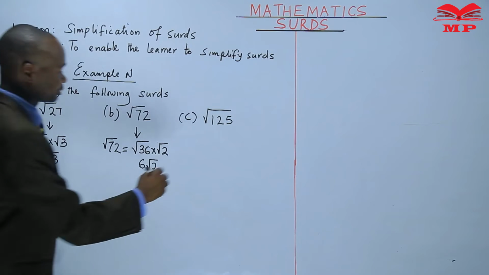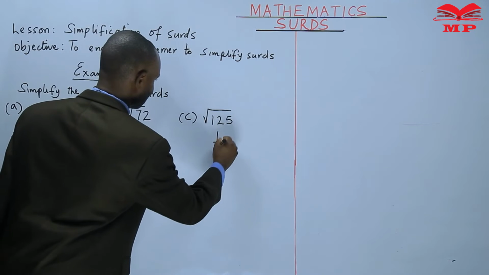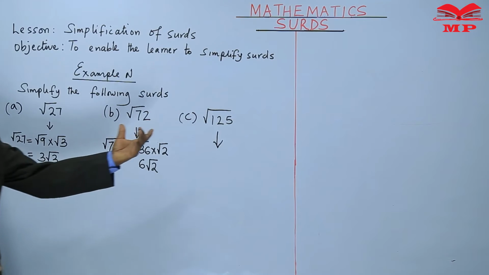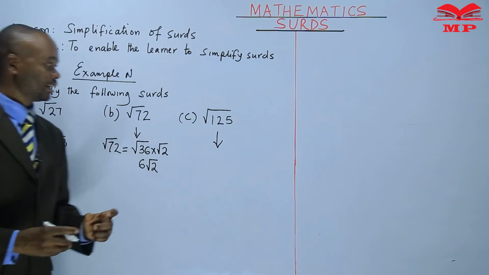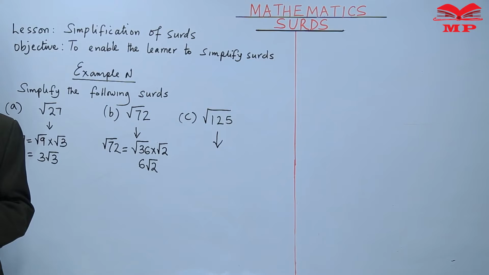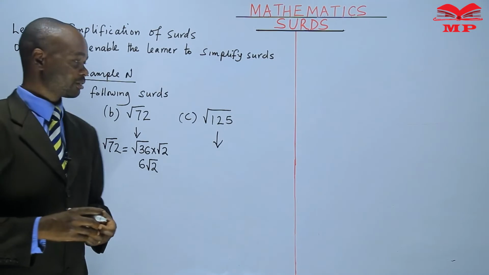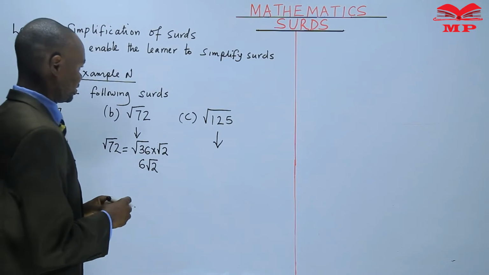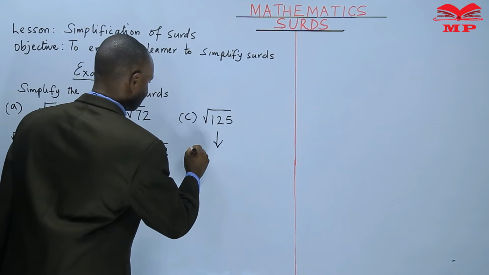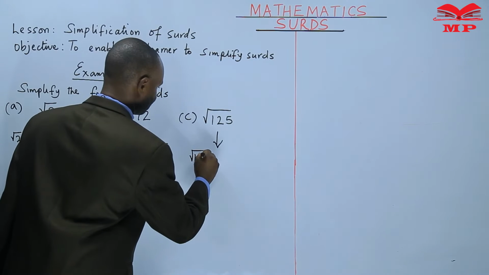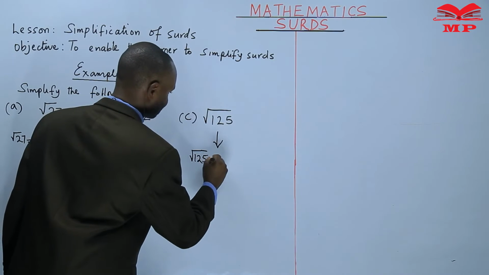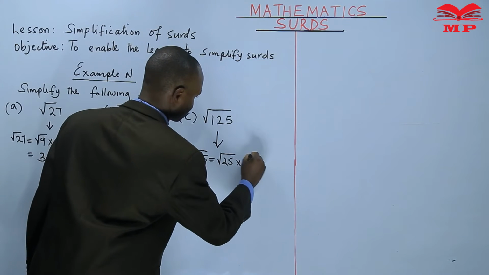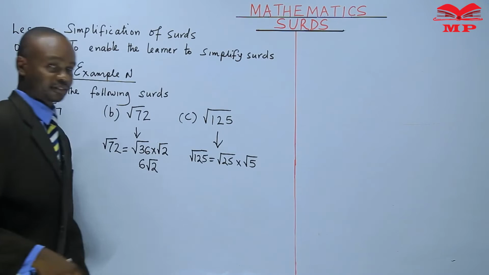We come to see, learner, the same experience happens. You look into that surd, you pull out a number that has a perfect root. In fact, 125 is 25 times 5. So you'll say square root of 125 is the same as square root of 25 times square root of 5.